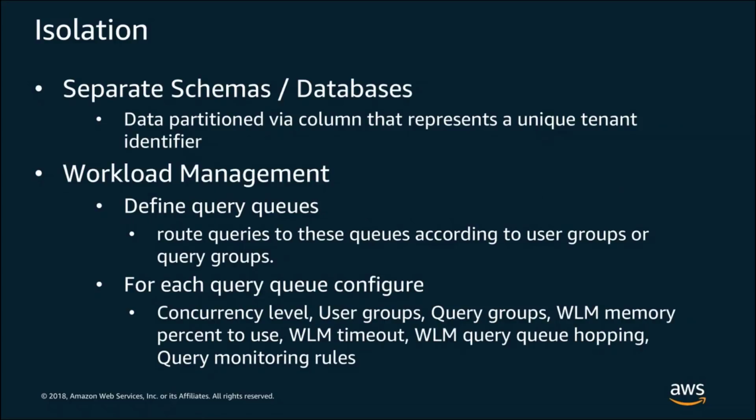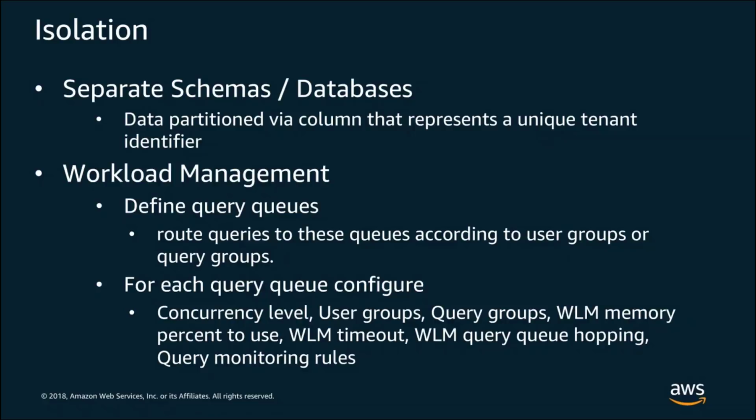So in terms of resource isolation, you can implement separate schemas and databases, as we discussed in the previous section, where the data can be partitioned via a column that represents a unique tenant identifier. You can also leverage the workload management component of Redshift that allows you to define different query queues for different users, groups, or even priorities.